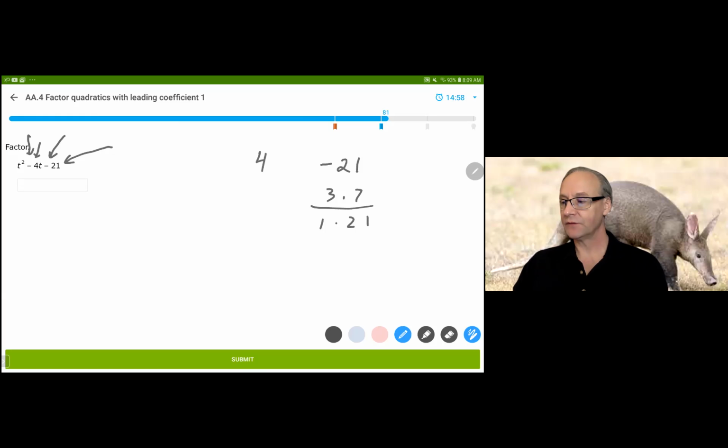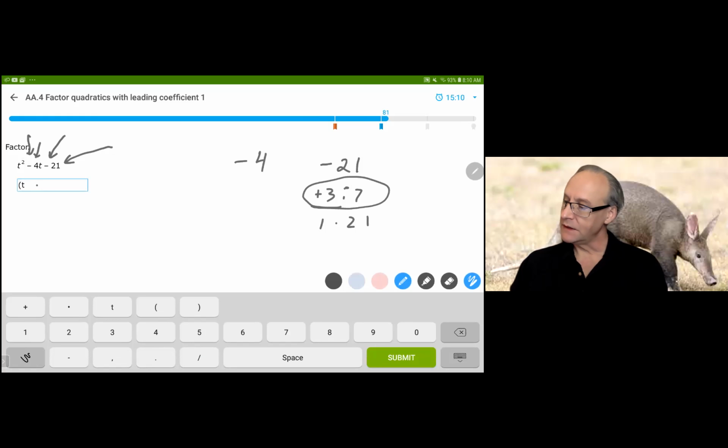Well, 7 and 3 have a difference of 4. The sign of the larger is negative. So that means it's a negative 7 and a positive 3. There we go. T plus 3 and t, don't forget the space, minus 7.